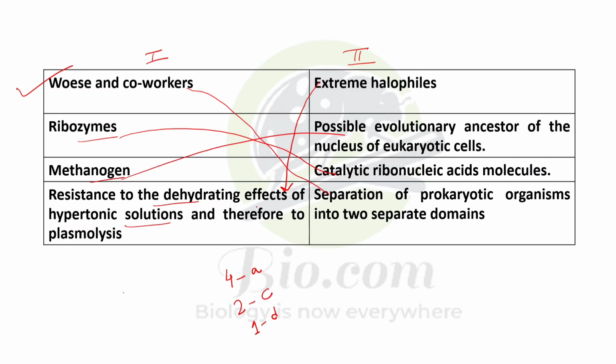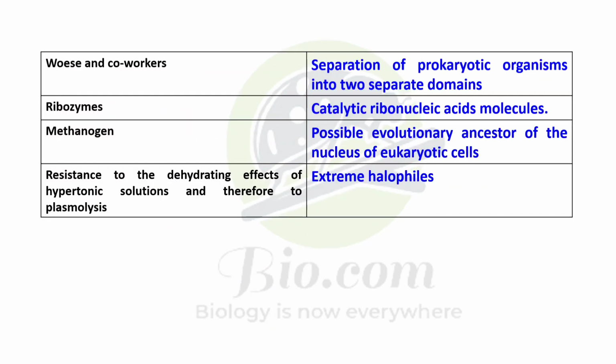So B matches with the third. They are the possible evolutionary ancestor of the nucleus of the eukaryotic cell. So this will be the answer.